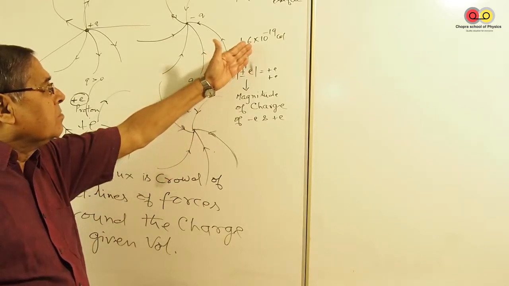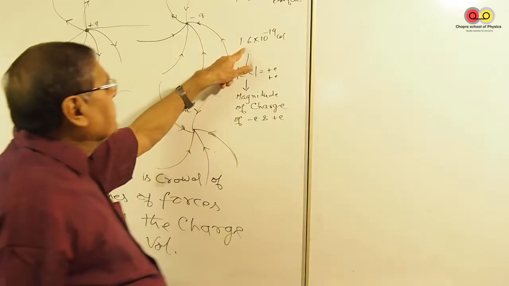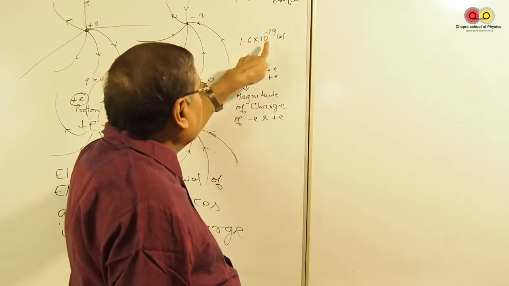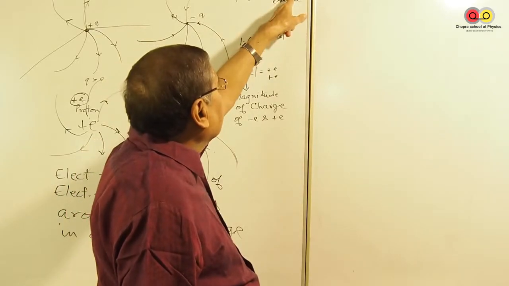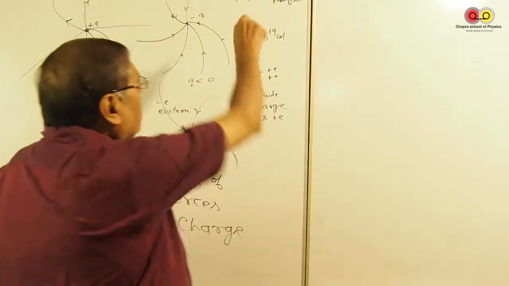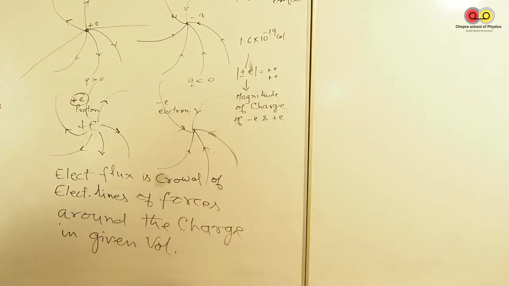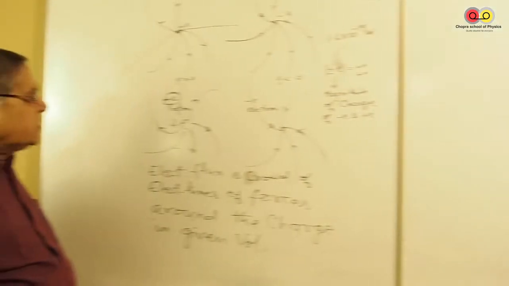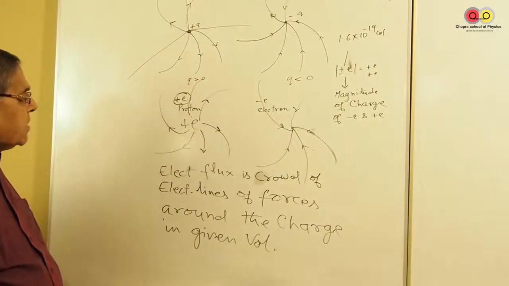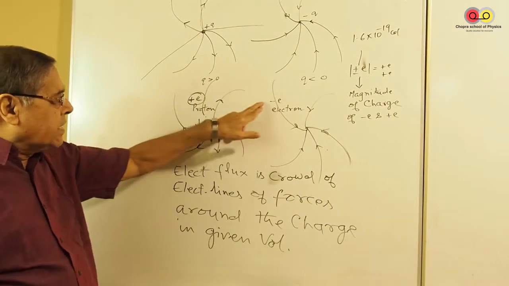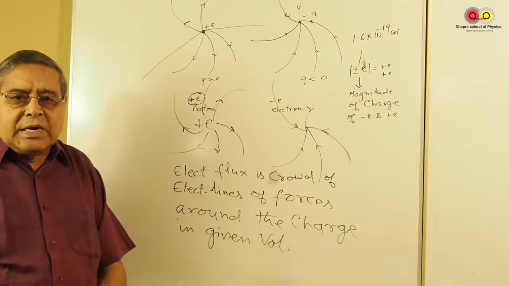So we can convert it to CGS: 1.6 × 10^-19 is multiplied by this number, and the value will be transformed into CGS. So this is about the positive and negative charges, and there is a reason why proton is a positive charge and why electron is a negative charge.